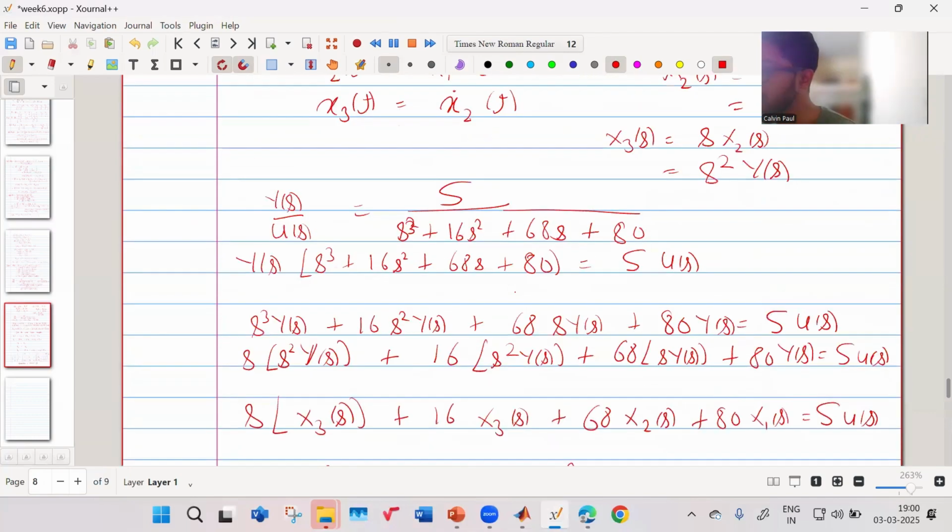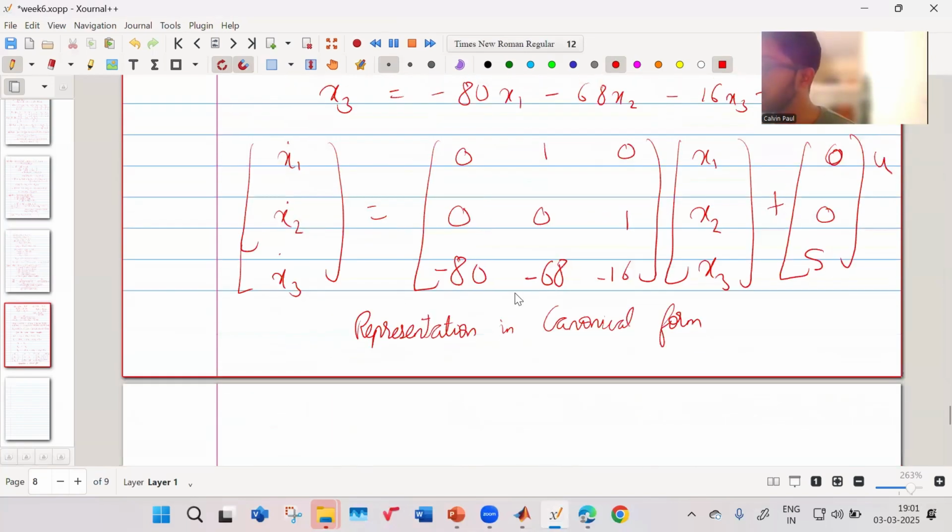Okay, there's one more thing I forgot. You should actually write this in a better way. If this 5 was written as 1 into 5, then it would be easier. The canonical form would actually have a 1 here.